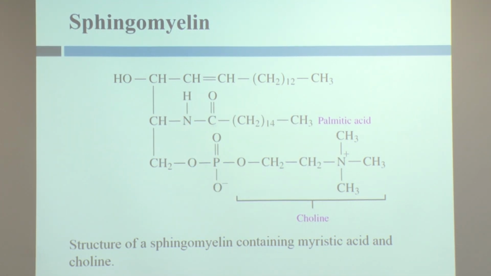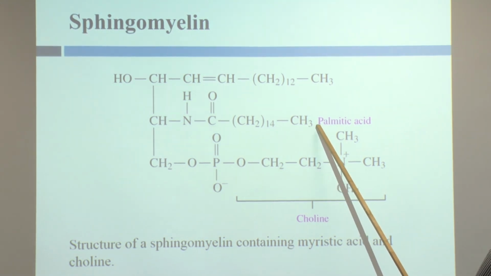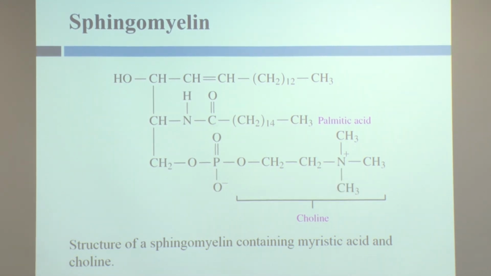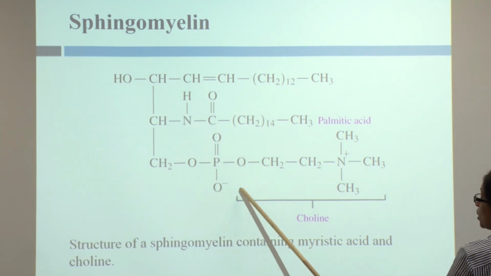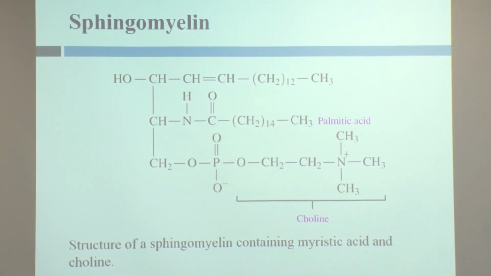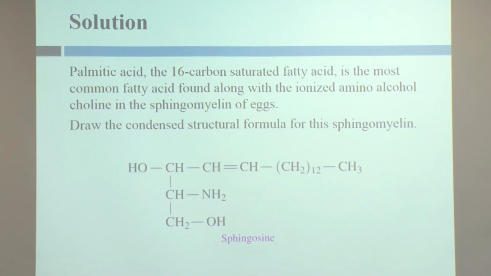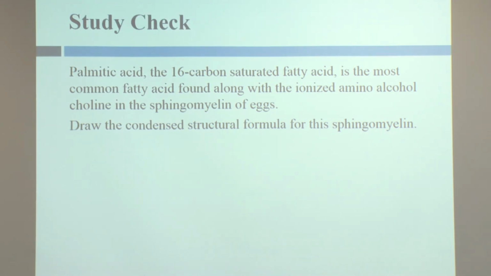So setting up a sphingomyelin molecule. What will you be given? The acid and the amino alcohol. The phosphoric acid molecule is a permanent factor. It is always there in phospholipids, in the name, phospho. Palmitic acid, a 16 carbon saturated fatty acid, is the most common fatty acid found with the ionized amino alcohol choline.